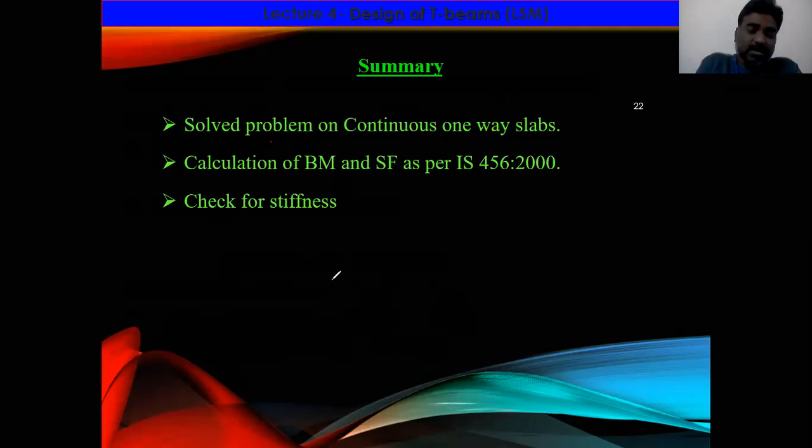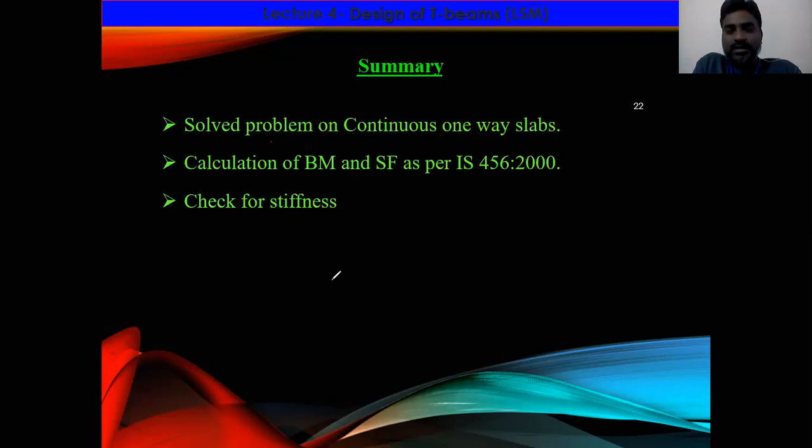So in today's class we have discussed the design of the one-way slab based upon the given data. We have calculated the dimensions of the member, that is the depth of the slab, by assuming L effective by D is 30, right? Based upon that, we have calculated the overall depth by assuming the effective span.